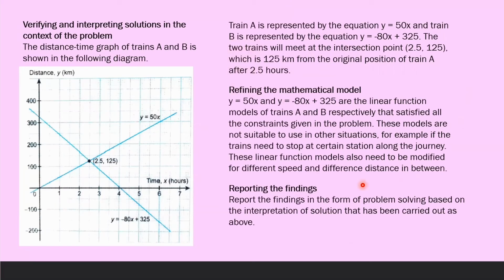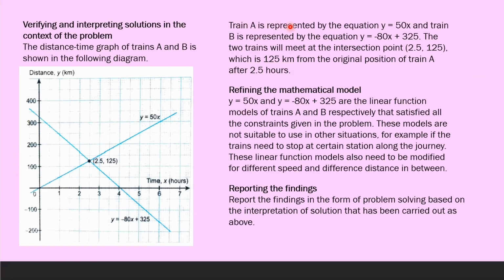After that, step number 4 is verifying and interpreting the solution in the context of the problem. The distance-time graph of train A and B is shown in the following diagram. You can see this diagram is using a linear function because it's a straight line.